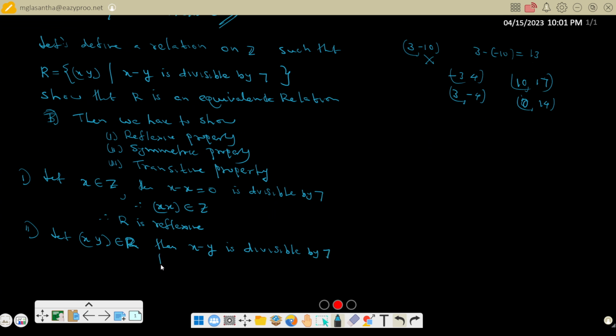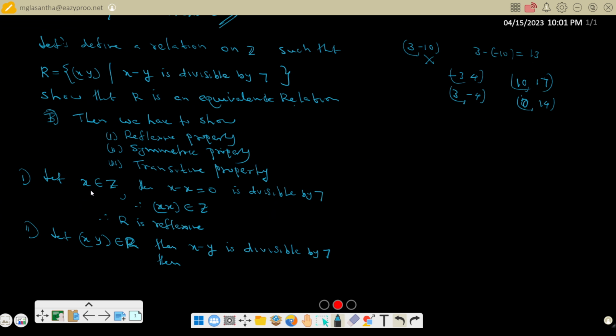Is it clear? So this is what we have to show. If you want to show this is an equivalence relation, you have to show the reflexive property is true, the symmetric property is also true, and the transitive property is true for this relation.